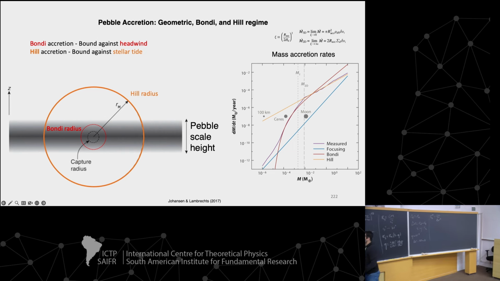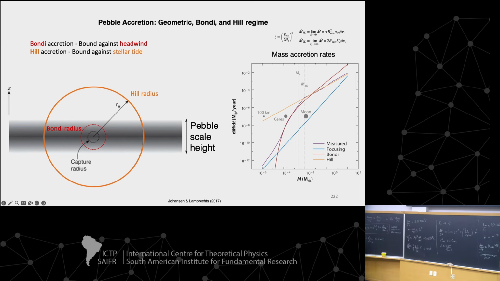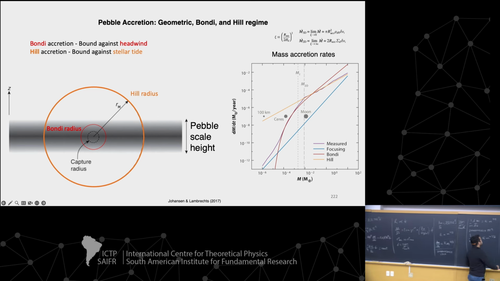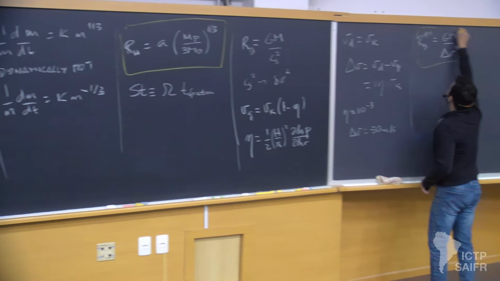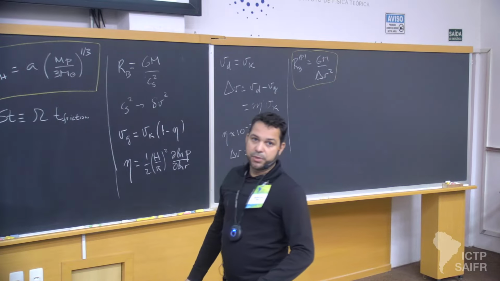So let me highlight this here. We have three regimes of accretion: gravitational focusing, Hill radius, and the Bondi radius. Compare them, see which one is the biggest, and that's going to give you the accretion regime that you are at.